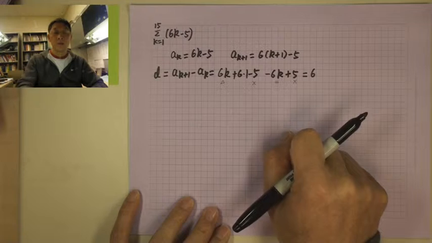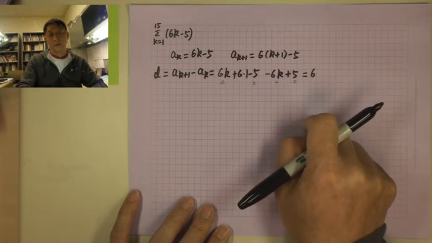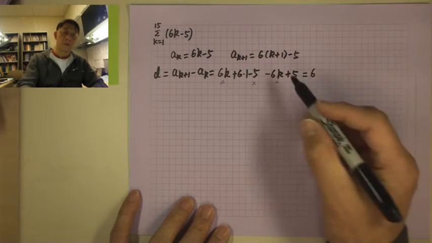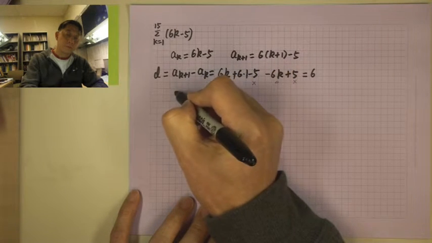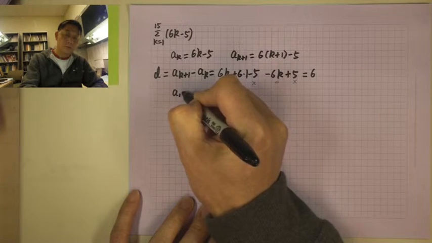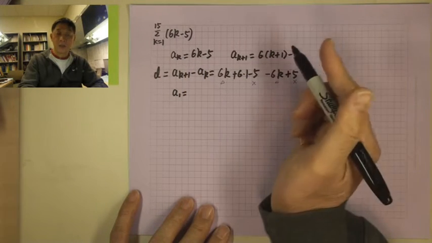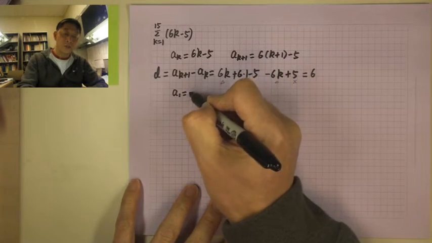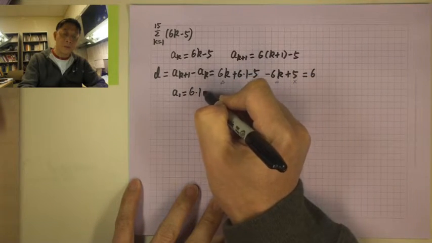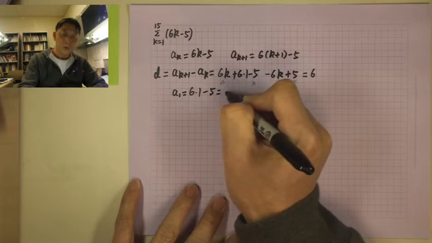Okay. Now we have a D. And we also know that A1, from this general formula, in this case is 6 times 1 minus 5, which is 1.